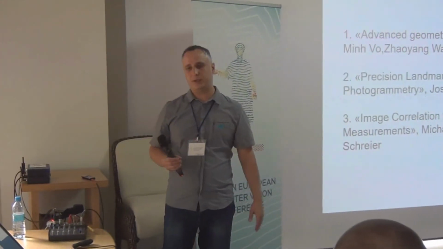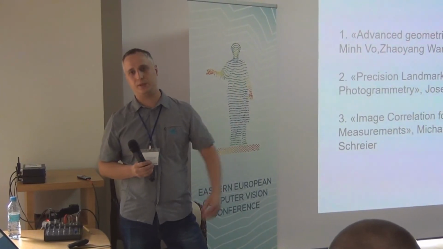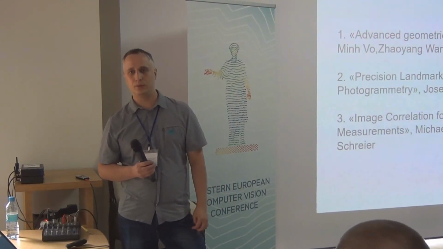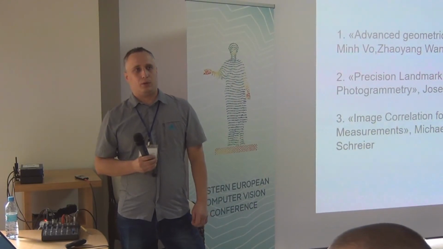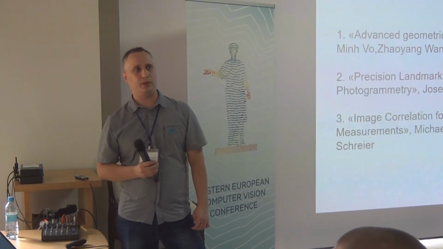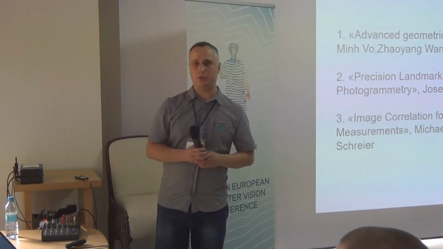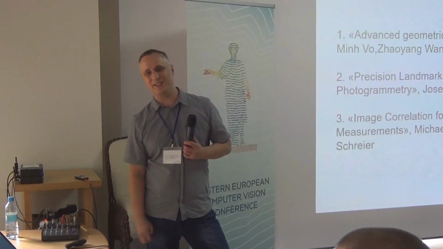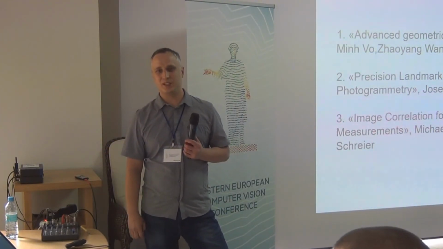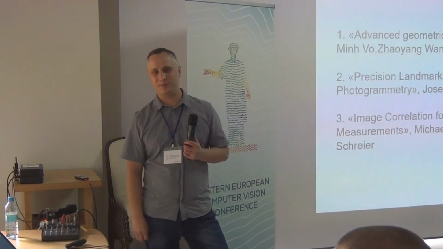How does 1 millipixel in this case translate to depth accuracy? Oh, I can't answer you, but maybe after the presentation we can sit and calculate it. What is the order of it? Yeah, I can say it without calculations.